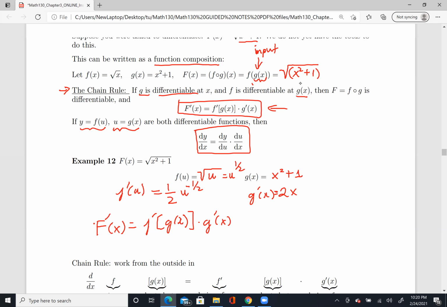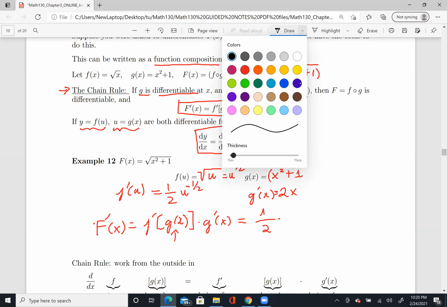So I can rewrite this as 1/2 times, now the input is g of x, so u changes to g of x. What is g of x?